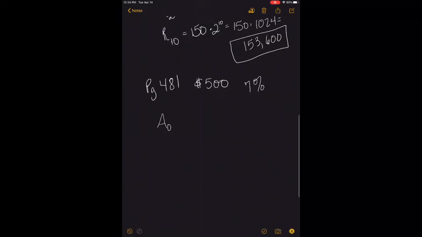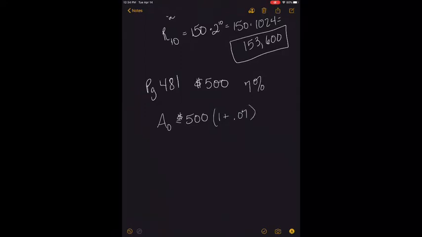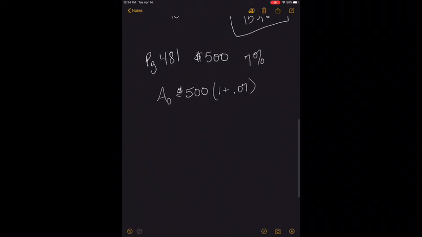Okay, so the formula you're going to have, well, we know that the amount he had at the beginning is $500. Okay, and to figure out what he had after a year, you would multiply that by 1 plus 0.07, because remember, when we're finding interest, if we only multiplied it by 0.07, we would only be finding the interest.